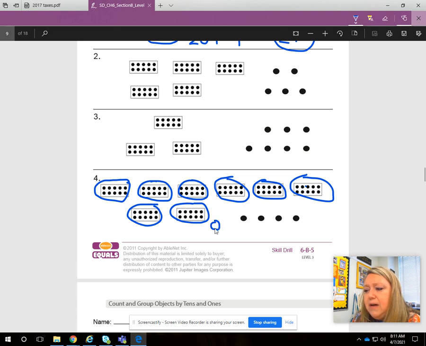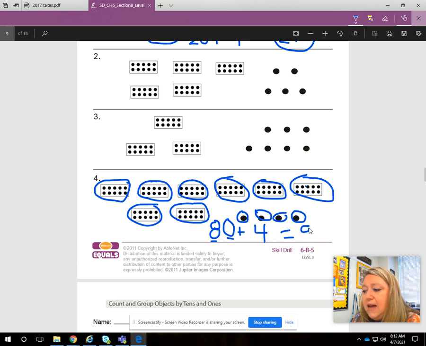So I'm going to write 8 with a 0 after it, because that's 8 sets of 10. Okay, now I need to add in my ones. I have 1, 2, 3, 4. So I'm going to add 4 to that. My grand total is going to be 80 plus 4.